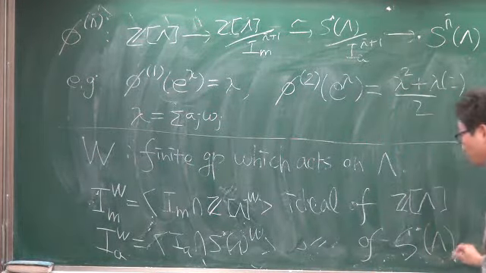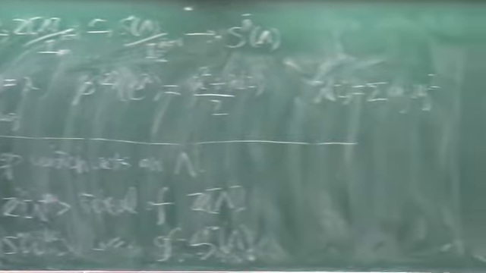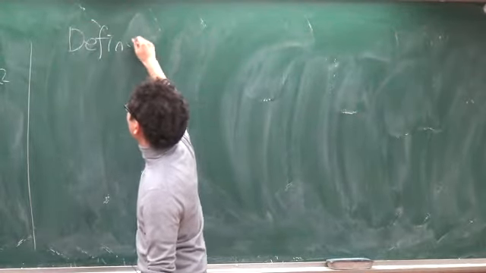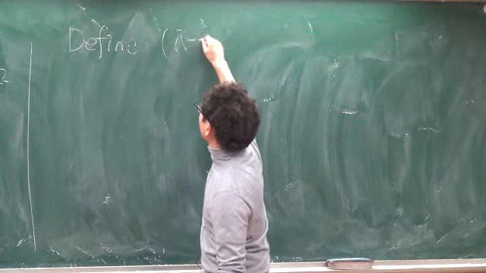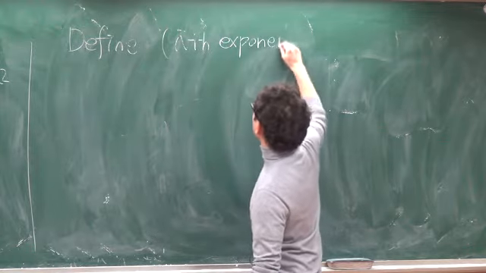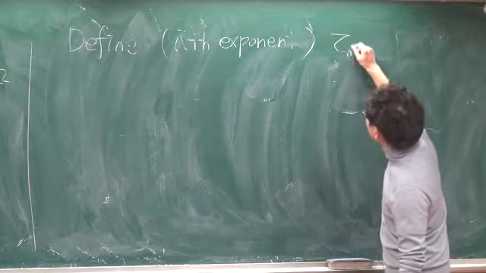In the symmetric algebra on Lambda, we now define the so-called ice exponent of this finite group W, which is the integer tau i.